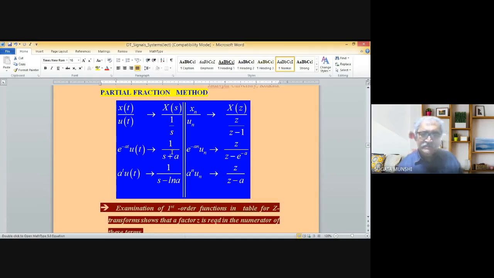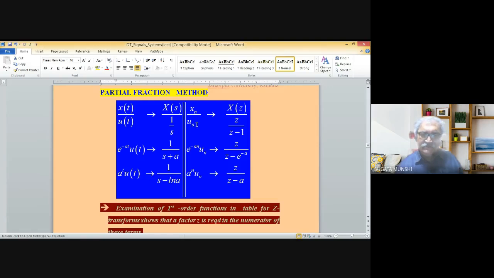point out. To understand that, just see here, I have tabulated three functions of continuous time signals and their respective Laplace transforms. On the right hand side, I have considered the uniformly sampled version of these continuous time signals and their Z transforms. In case of u(t), the unit step, what is the Laplace transform? 1 by s.